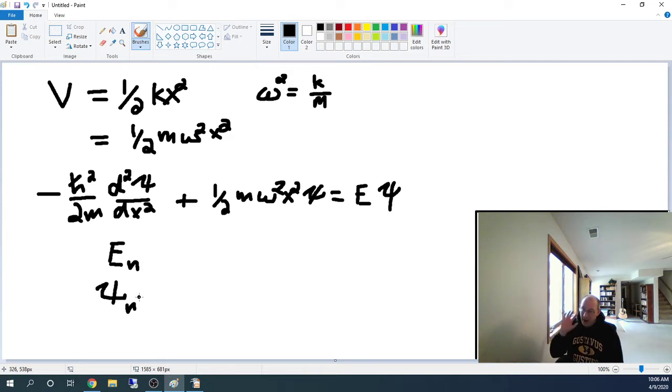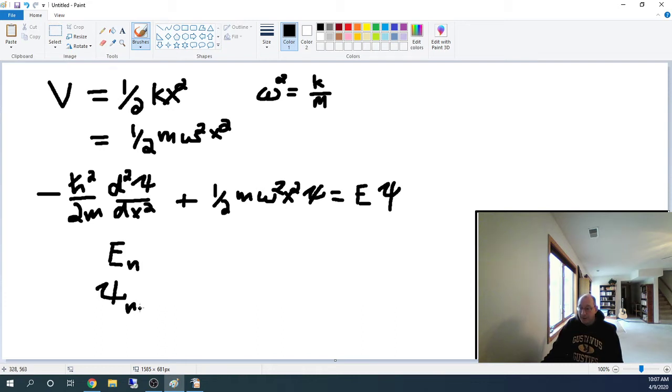Like I said, it's some polynomial of order n. The 0th order polynomial is one in which it's x to the 0th power, so it's just a constant. It's not really a polynomial at that point. But then psi sub 1, where n is equal to 1, is a polynomial of first order in x, some constant times x.